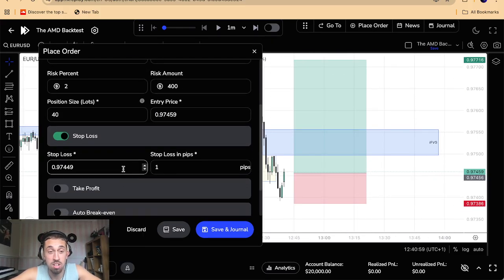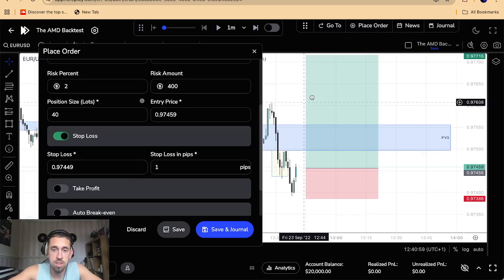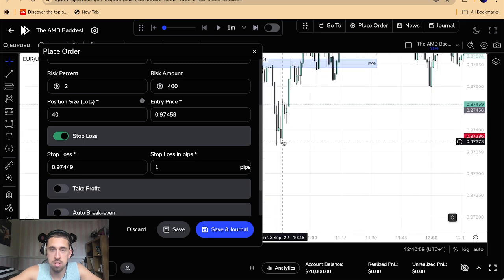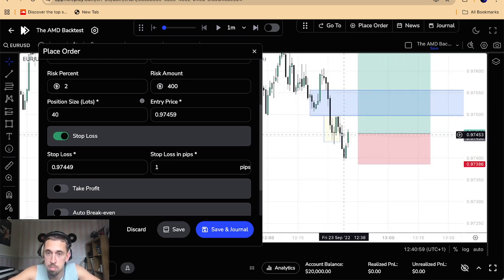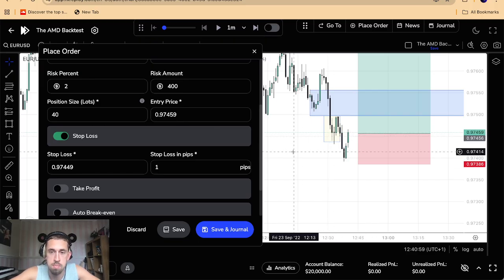Obviously my bias is still bullish. I do think that that's protected, and the fact that we've come all the way to the bottom, made a gap, inverted that gap straight away, says to me that this should go up.